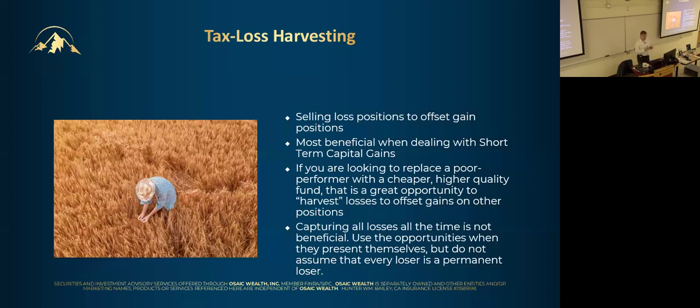If you're looking to replace something that hasn't performed well with a cheaper, higher quality fund, this is a great time to harvest losses to offset gains on other positions. And I want to emphasize what I mean by replacing with a higher quality fund. We're not return chasing.